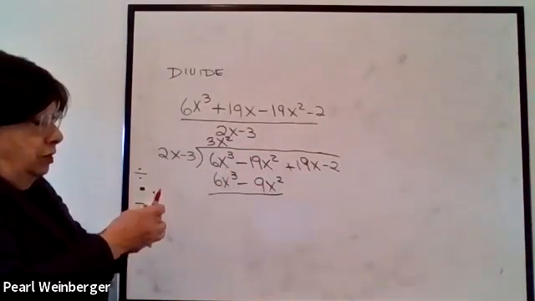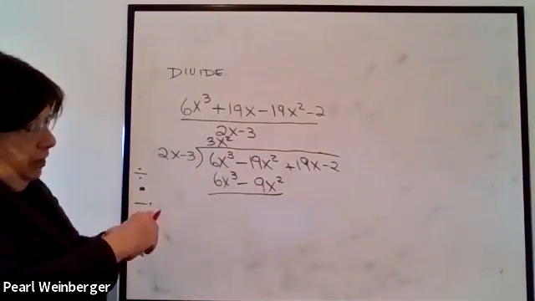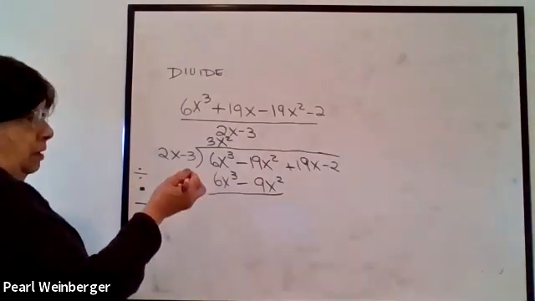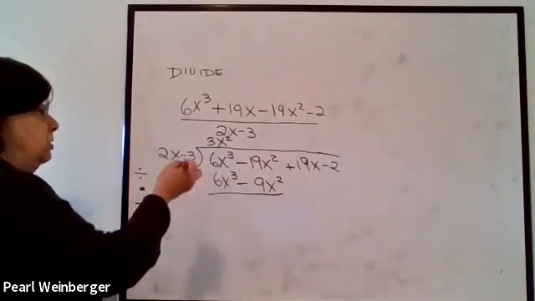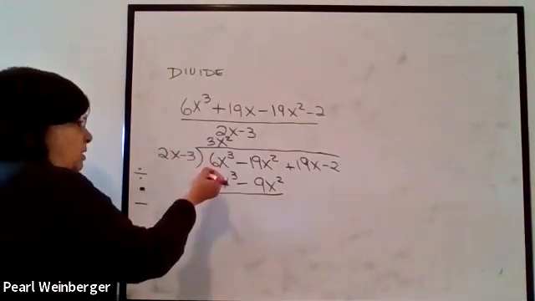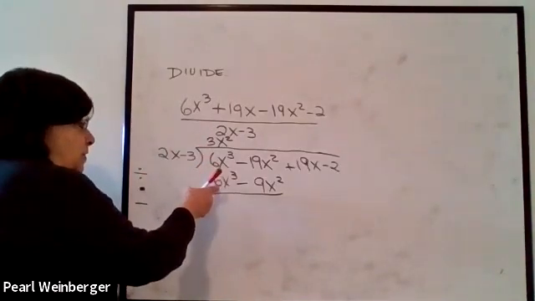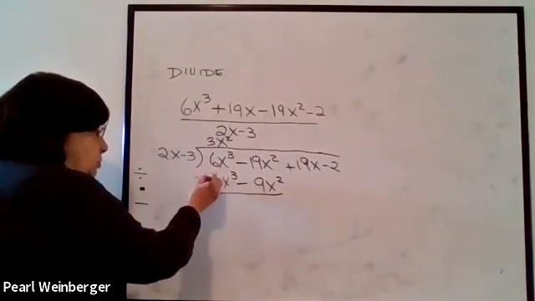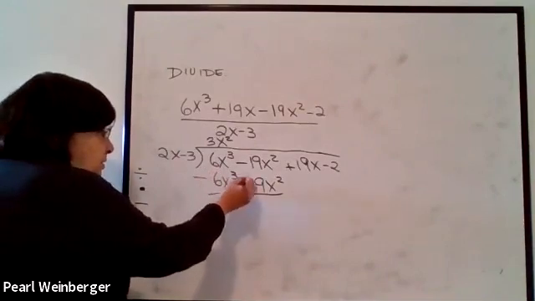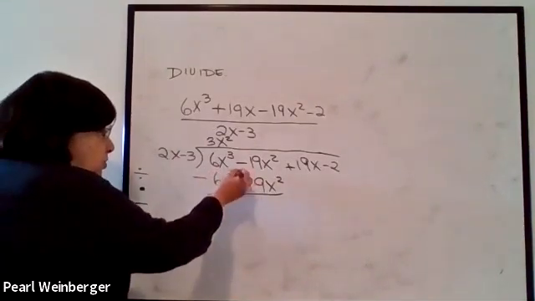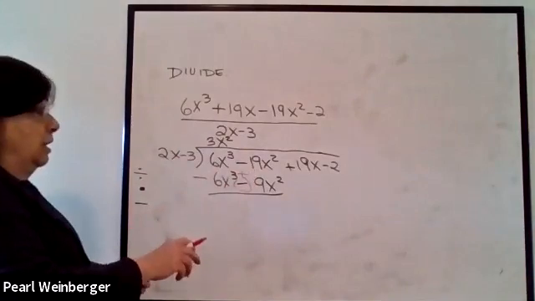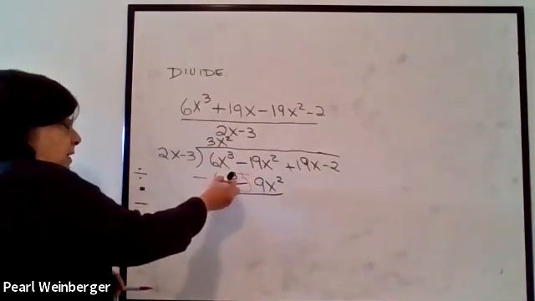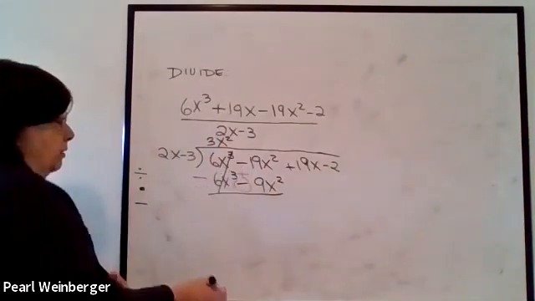In order to do the subtraction, I think the easiest way, given that these are algebraic expressions, is to use the changing of the sign method. This is a positive 6x cubed, so I'm going to change it to a negative. This is a negative 9x squared, so I'm going to change it to a positive. And then I'm just going to combine. 6x cubed and negative 6x cubed cancel out.